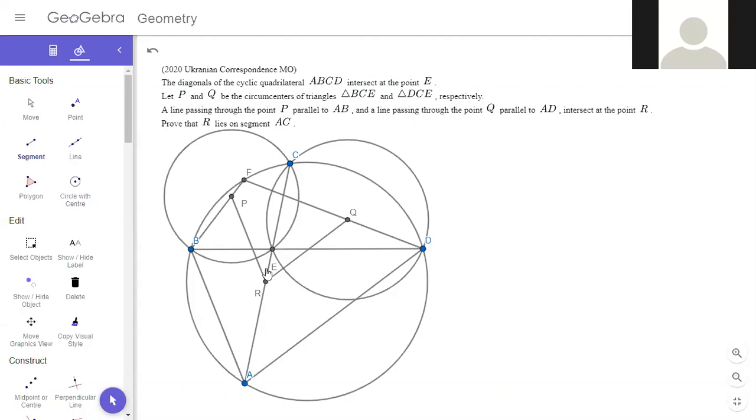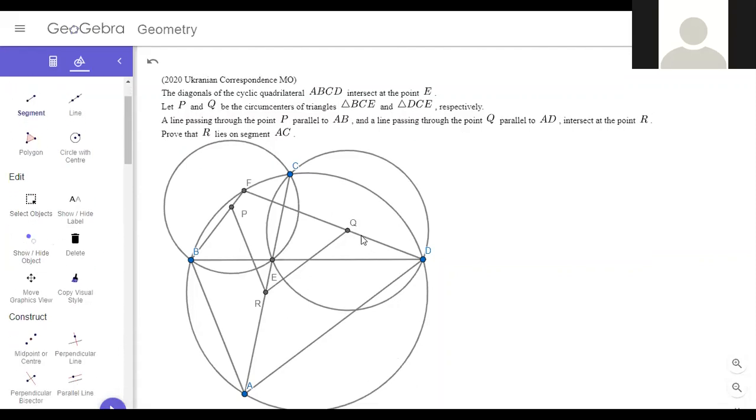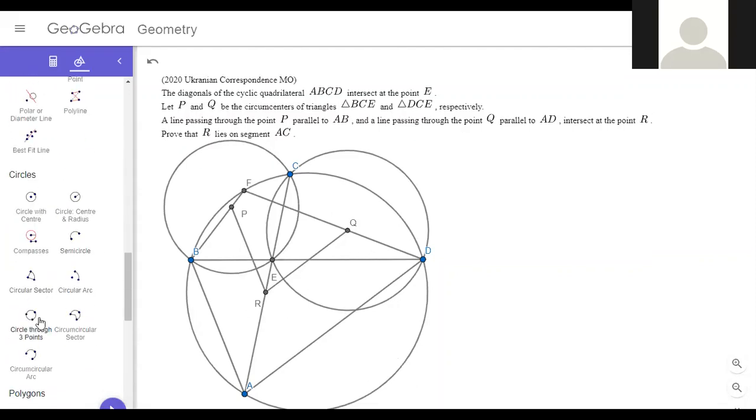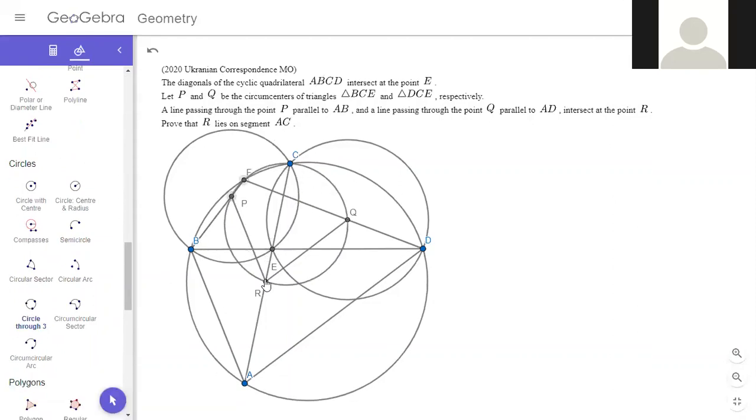Okay, you say try to find RP. PQR prime is cyclic, because the angles are parallel. Yeah, PQR prime is cyclic. And it seems like it also passes through C, which is also just an angle chase.